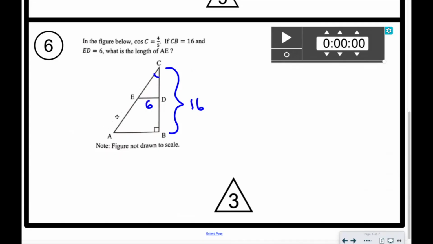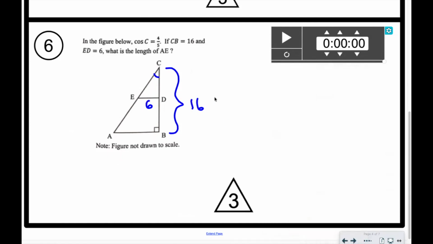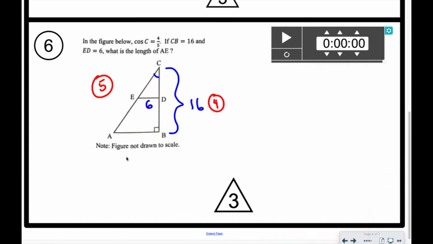All right. Well, if the cosine is 4 over 5, so this is where I like to do this. The cosine is the adjacent over the hypotenuse. And also, while I'm at it, that means that this is 3.